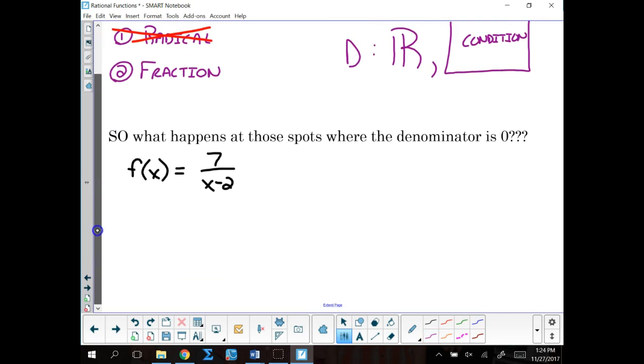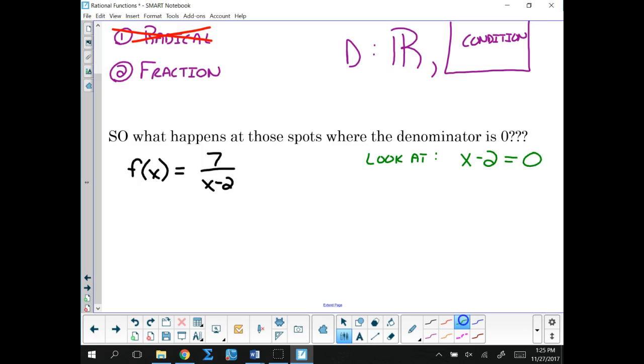So, what I'm looking at is where the denominator, x minus 2, I want to know where that is equal to 0. What do you got? X equals 2 is where that happens, right? So what then is my domain? All real numbers is how it starts.